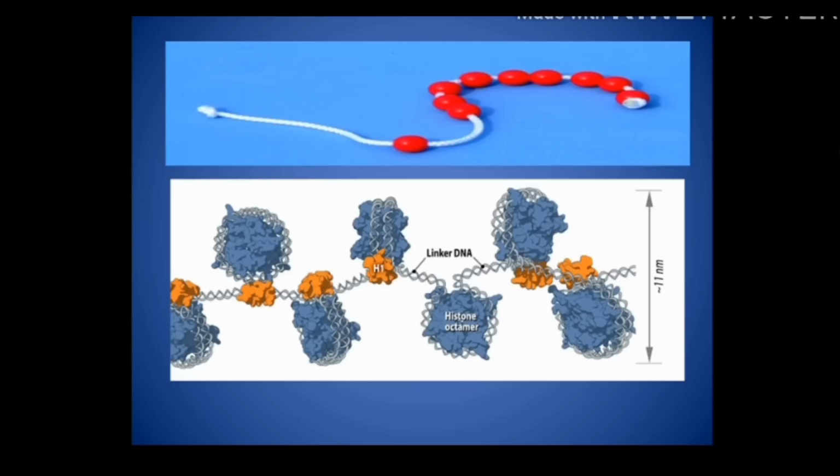Now if you observe it under the electron microscope, each red structure which you see, which appears like a bead, is nothing but the nucleosome. The orange spherical structures are the histone octamer, and that histone octamer is being wrapped around by the DNA, right? What is that thread?